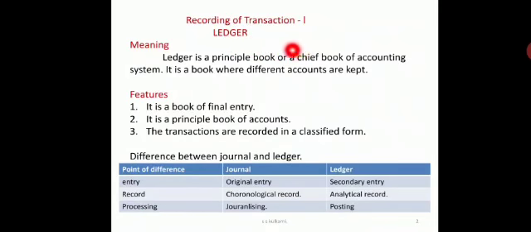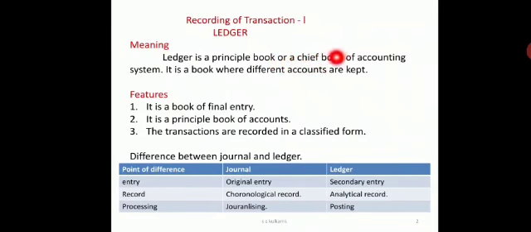That's why it is called the principal book, because all the transactions relating to a particular account or an asset are recorded in the same book, on the debit side or credit side. So it is treated as the principal or chief book. Now this book has different accounts. If I take assets, there is a separate account maintained for each asset.